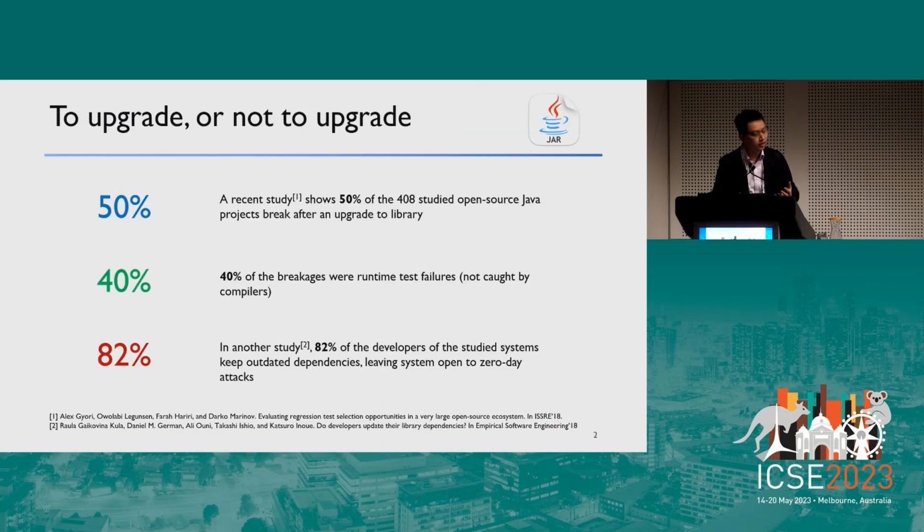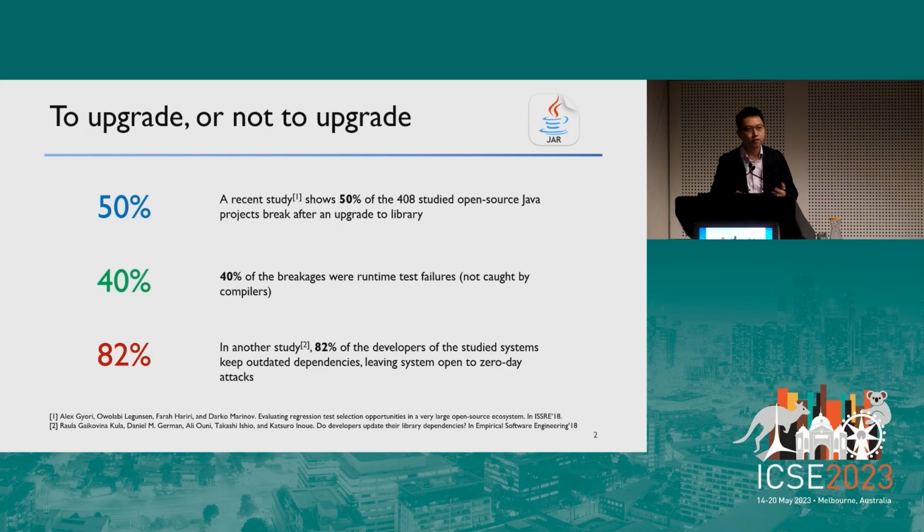So to upgrade or not to upgrade, that is the question. Compatibility issues are not new, so they can be caused by evolution of software libraries. A recent study shows that 50% of the studied projects break after an upgrade of some libraries. And 40% of these issues are actually runtime errors, so they cannot be simply caught by just rebuilding or recompiling the project.